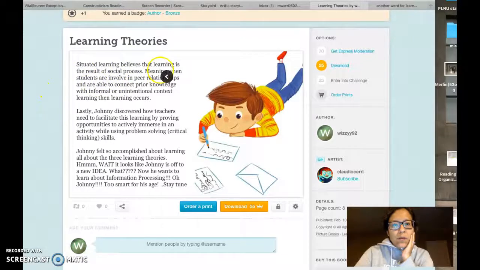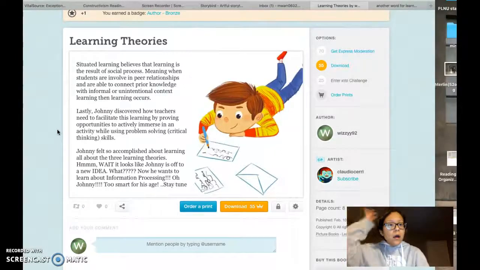Social process means when students are involved in peer relationships and are able to connect prior knowledge with informal or unintentional contexts, then learning occurs. And lastly, Johnny discovered how teachers need to facilitate this learning by providing opportunities to actively immerse in an activity while using problem-solving and critical skills.